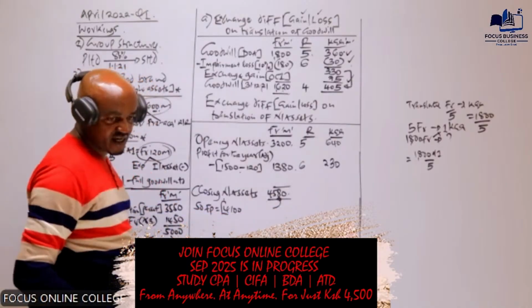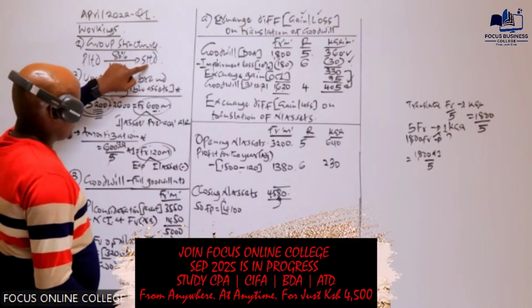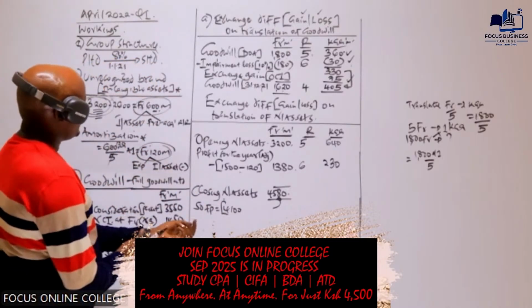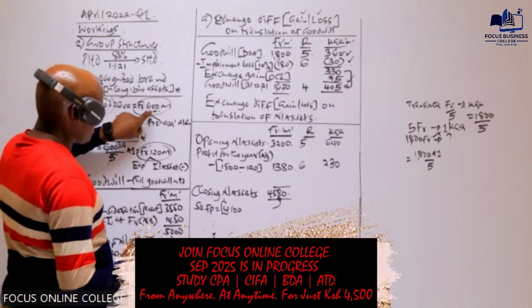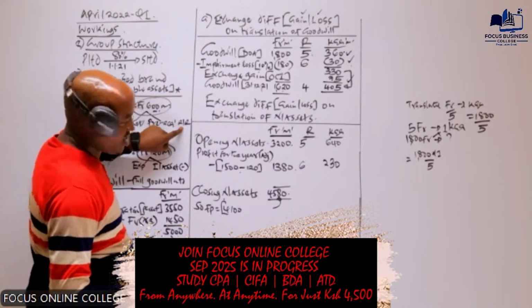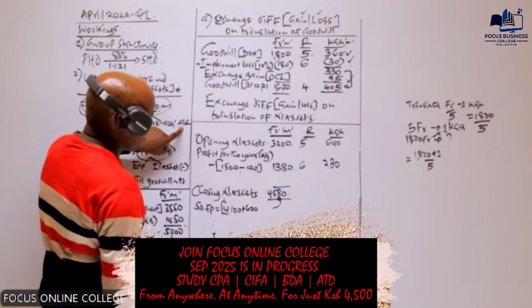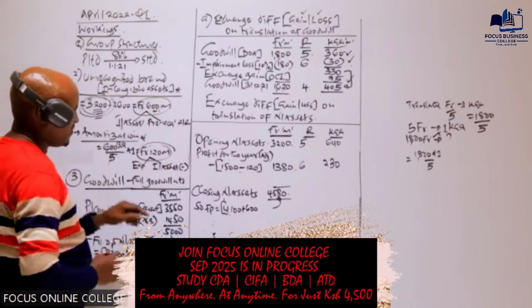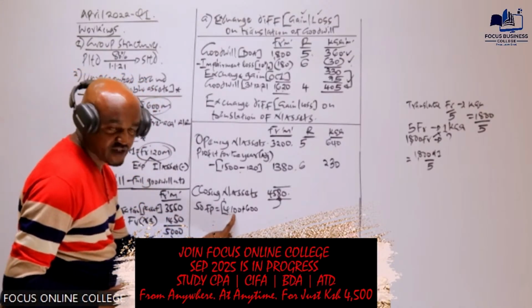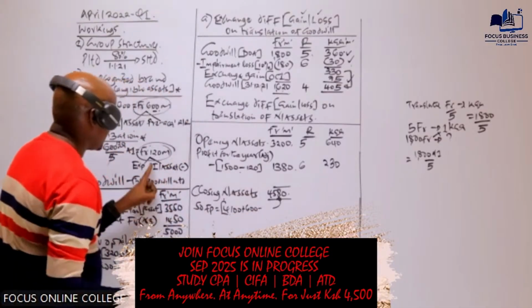The reason being that there are a number of items which our company had not accounted for. This company revalued the asset, but never accounted for that. Remember, if S Limited had accounted for this amount of 600, this was supposed to be accounted for as a revaluation reserve. Being a revaluation reserve, it was supposed to be included here. The company was supposed to add 600, and then the profit for this is also part of this. So the company was supposed to deduct or to have accounted for this as an expense.